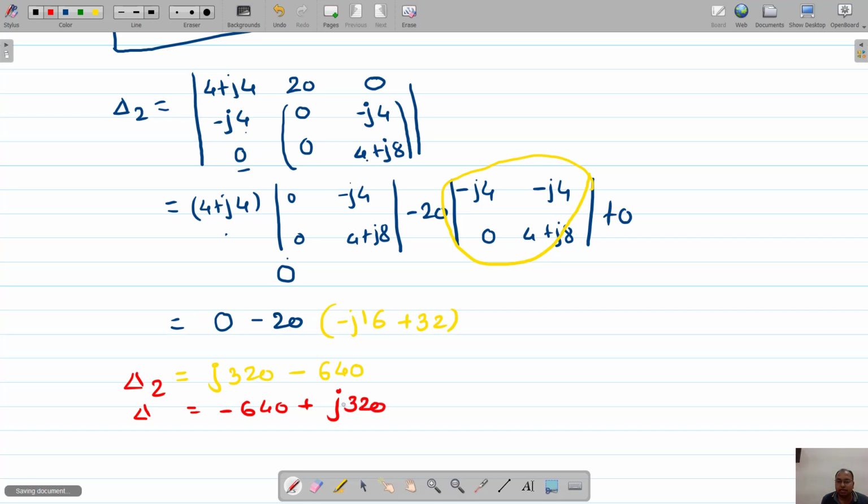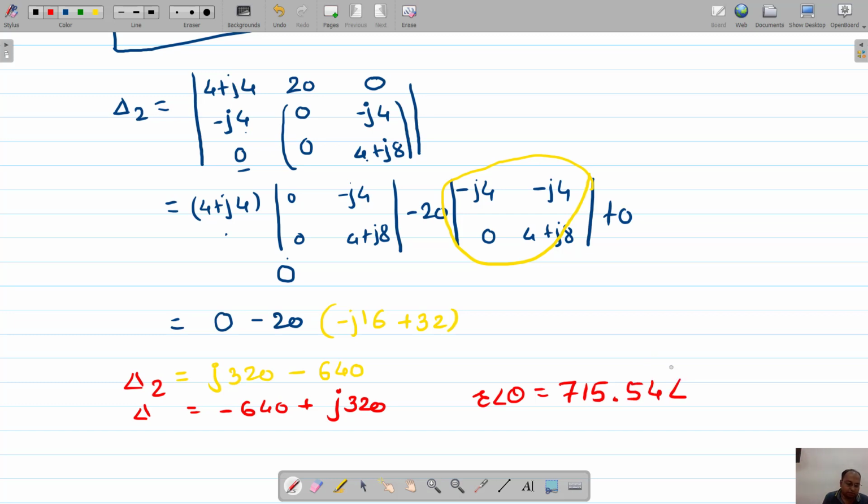Now let us calculate r and theta for this delta again. So r is the square root of minus 640 squared plus 320 squared. It is coming as 715.54.